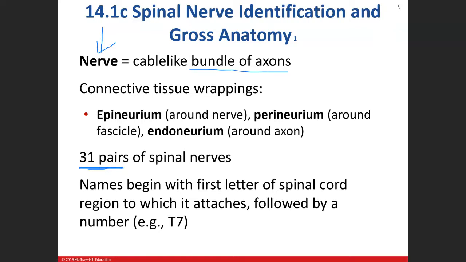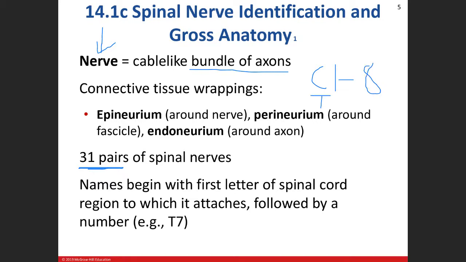When we're talking about a specific spinal nerve, we're going to assign a letter and a number, depending on what part of the spinal cord it comes off of. If it comes off of the cervical spinal cord, we assign the letter C, and there are 8 spinal nerves that come off the cervical, so it would be C1 through 8.